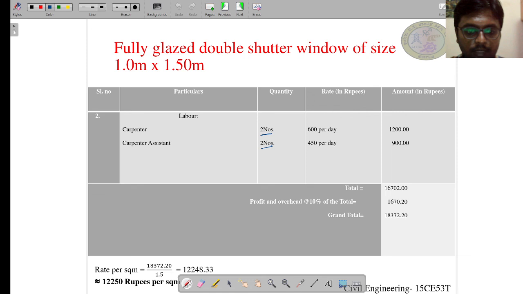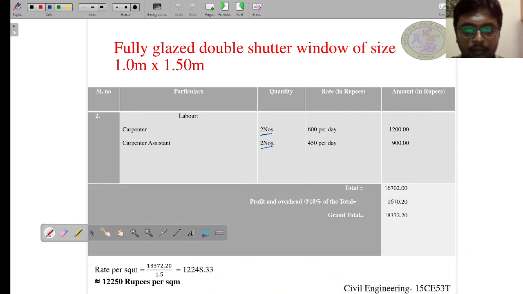After that, we do the total quantity, and next we give the contractor a profit and overhead of 10%, which is 1670, and the grand total is finally divided by the 1.5 square meter. So finally the unit cost of window work comes out to be 12,250 rupees per square meter.